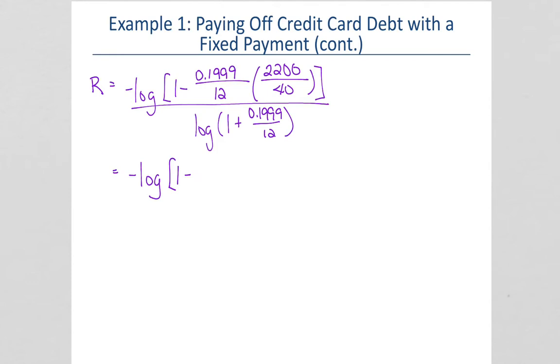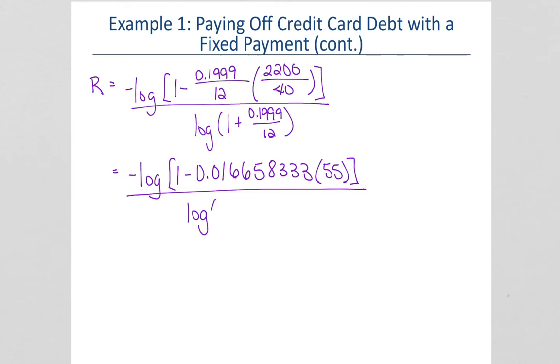So we've got 0.1999 divided by 12. That is 0.016658333, and 2,200 divided by 40 is 55. And 0.1999 divided by 12 plus 1 is 1.016658333.